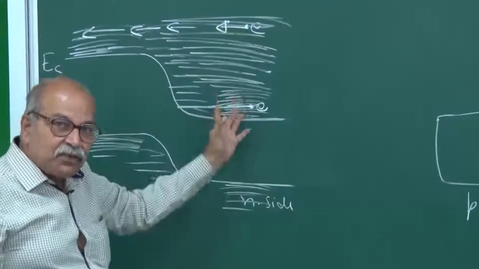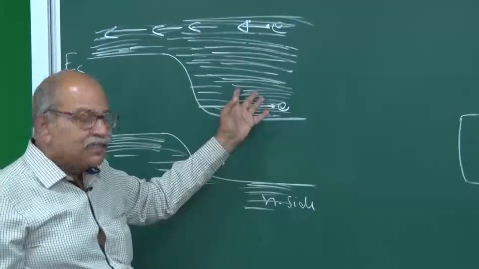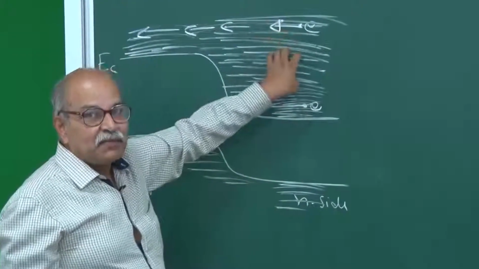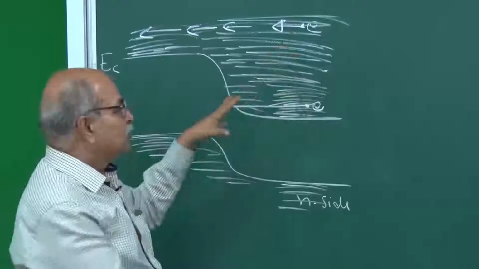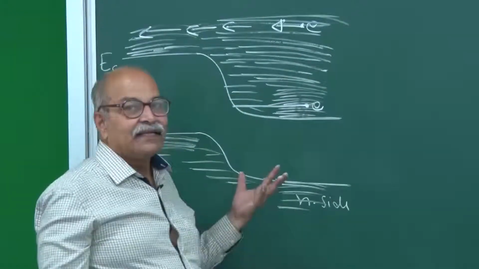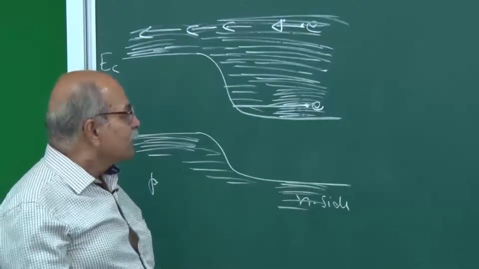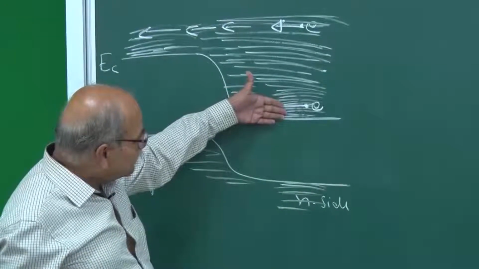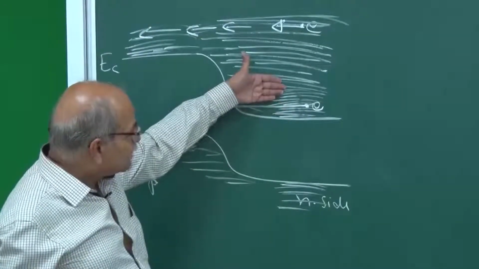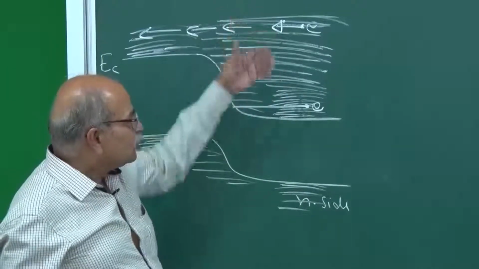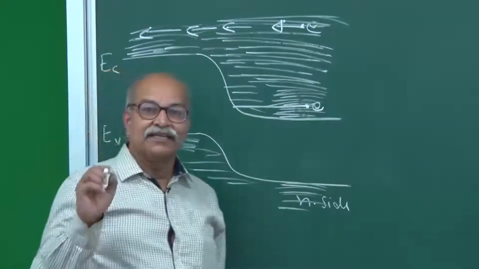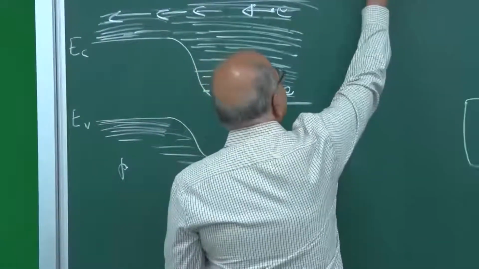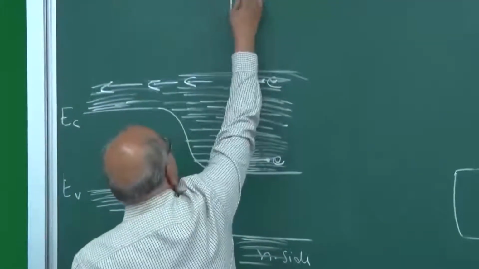So the distribution of electrons in different quantum states of different energies is very important if you want to calculate the currents and anything. And to get that distribution, you need a very important concept, a parameter which is known as Fermi energy.